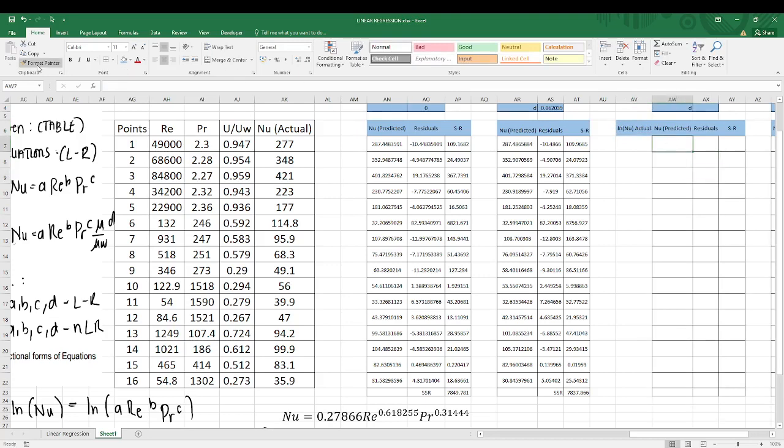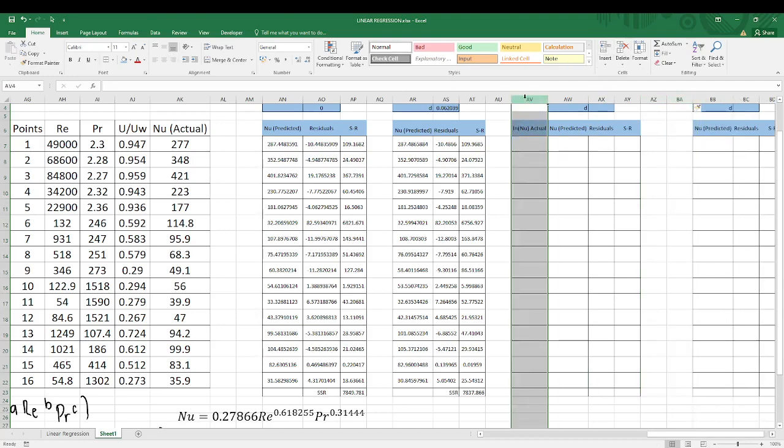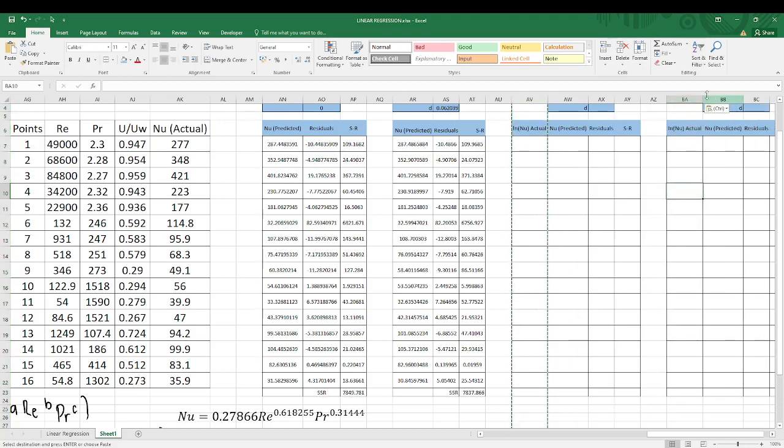And the same here for the second equation. It should be ln of Nu.